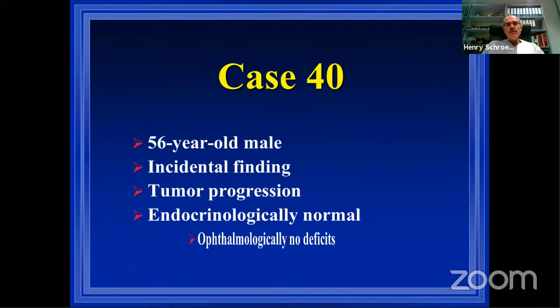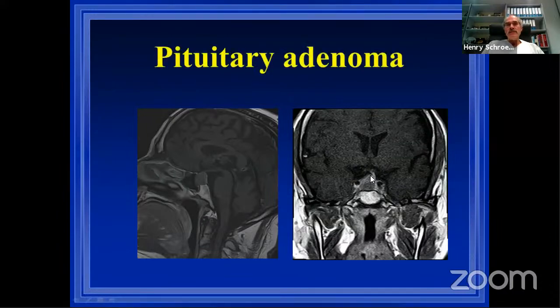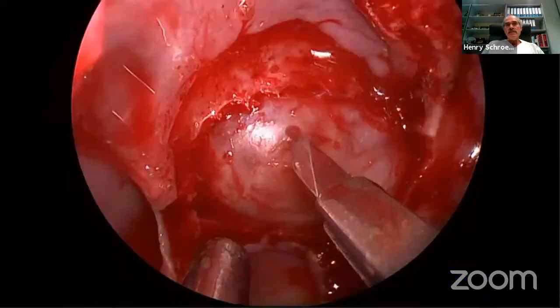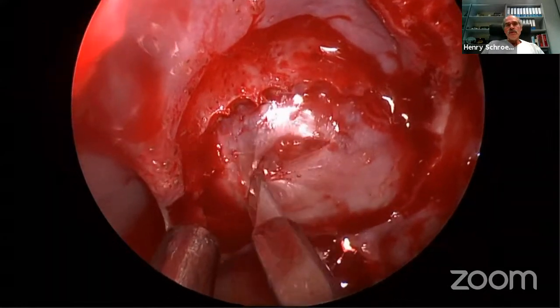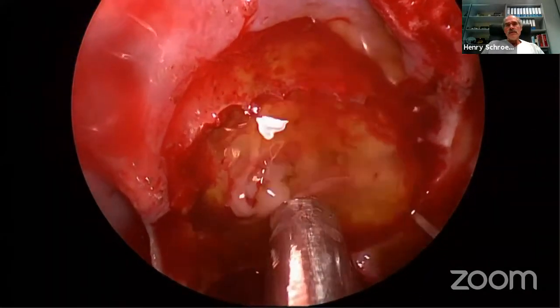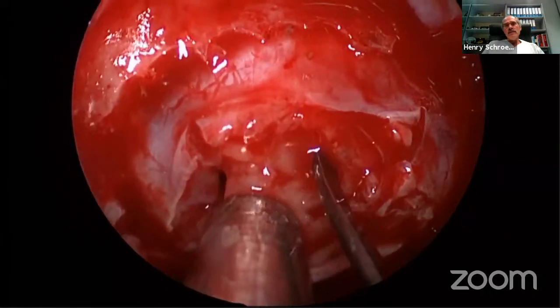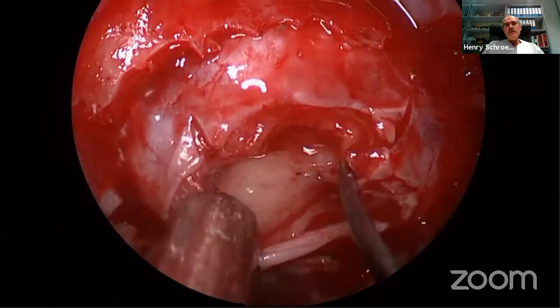For example, this was a lady with a non-secreting tumor. See, the tumor is only a little bit elevating the diaphragm. It's on the right side in the sellar space. So we open the dura, and then we try to find a good plane between the tumor and the gland.